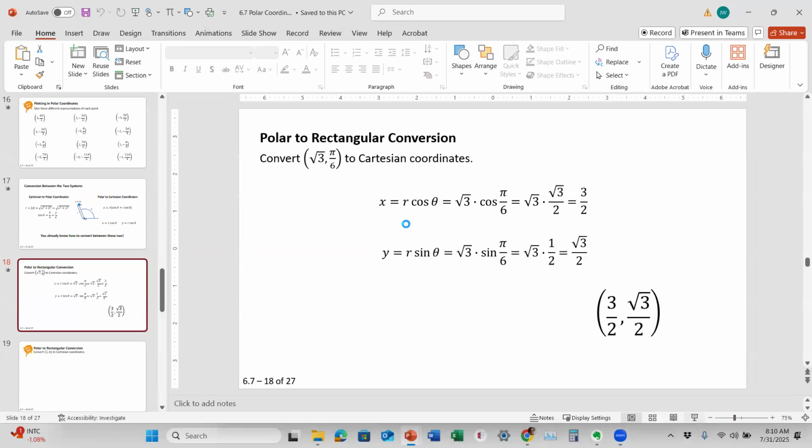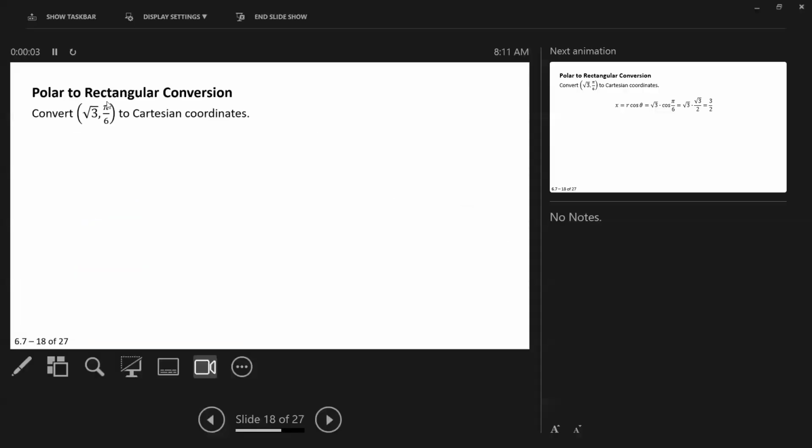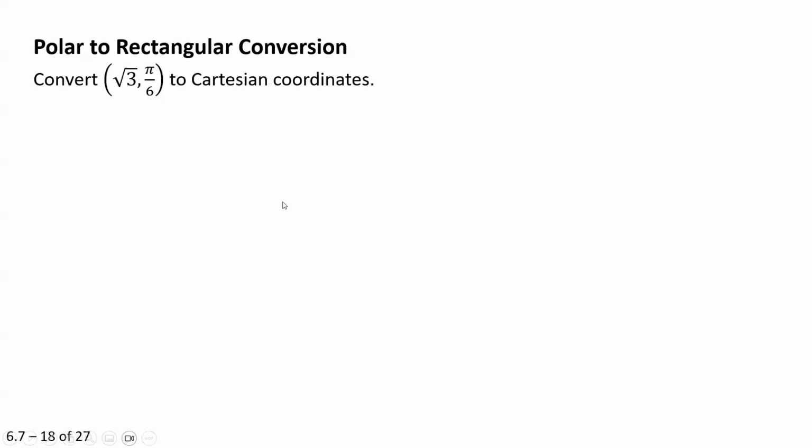All right, but the big thing that we're getting here, and this kind of closes out the course a little bit, is polar coordinates. We have been dealing up until now with Cartesian coordinates, also called rectangular coordinates, and we can convert these to polar coordinates.